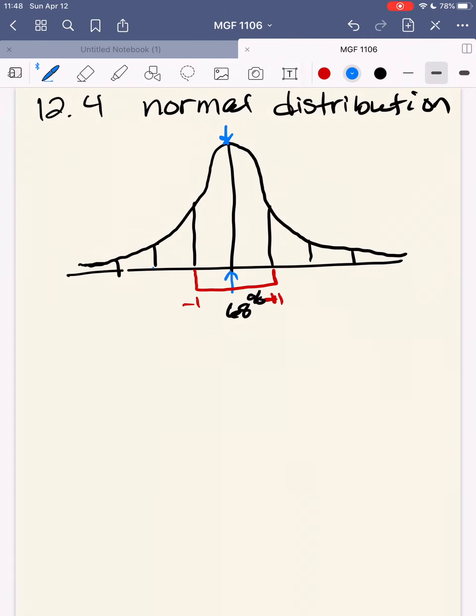If I go 2 standard deviations, so 2 on each side, it is said that 95% of my data lies 2 below or 2 above.